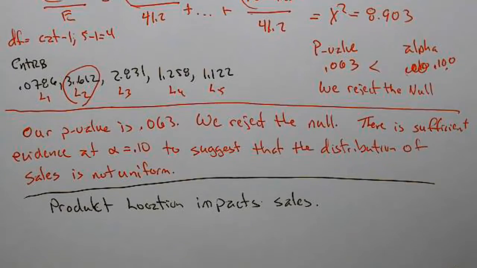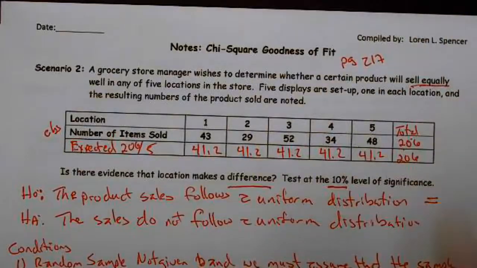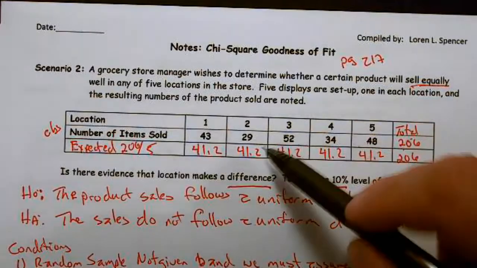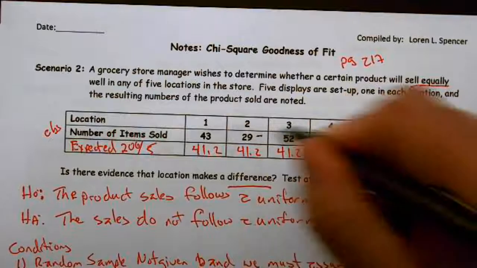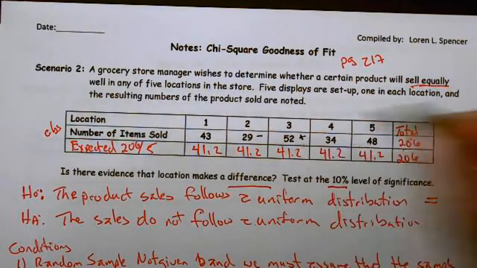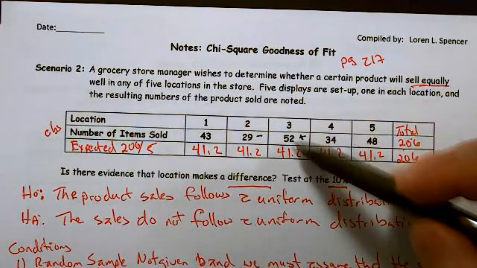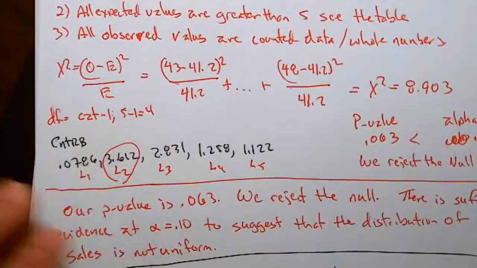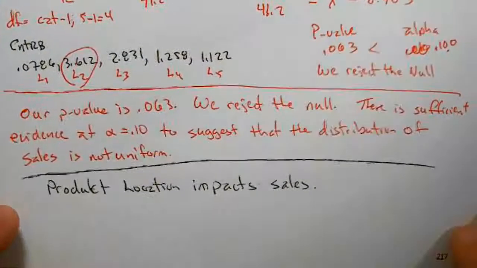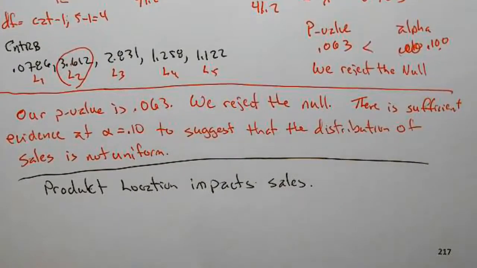It ended up being a negative impact, so product location number 2 apparently is a bad location. You're like, how did you know it was a negative? That's a great question. I know it was negative because it was below. This had the greatest negative impact, and this one would have had the greatest positive impact. It was farther above, this was farther below. And it was easy to tell because the expected values were all the same. All right, so I'll slide this back up so you can finish copying it down. And that will conclude this video. Thank you.